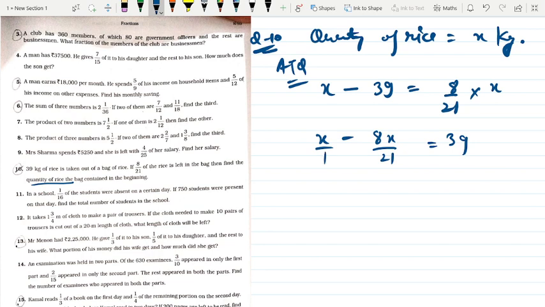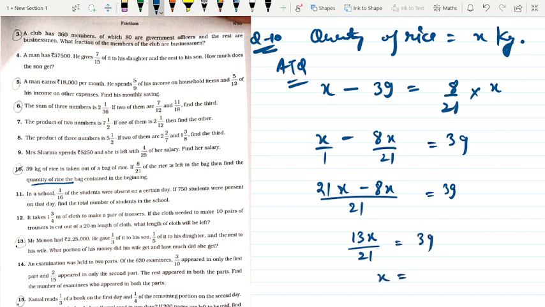So the denominator of x is 1, so 21 times x minus 8x equal to 39. 21x minus 8x, you will get 13x upon 21 is equal to 39.